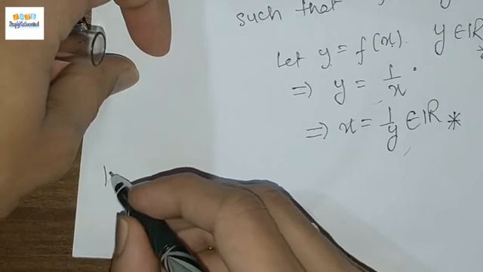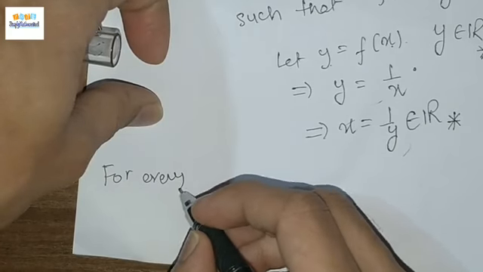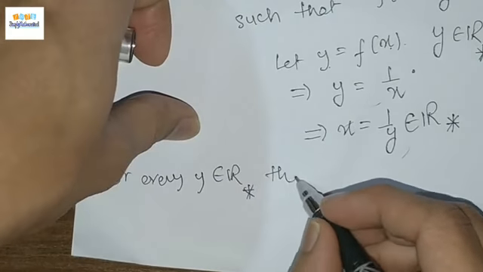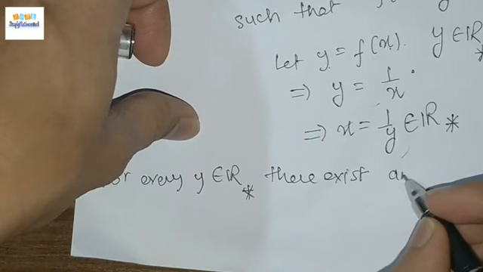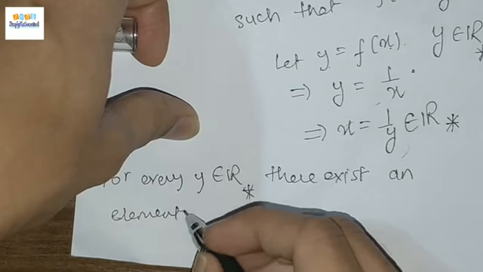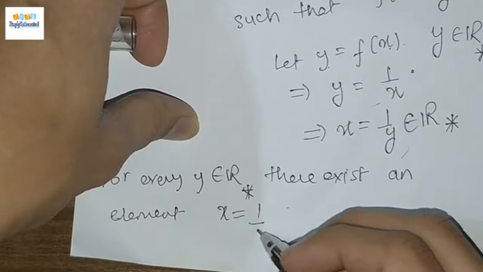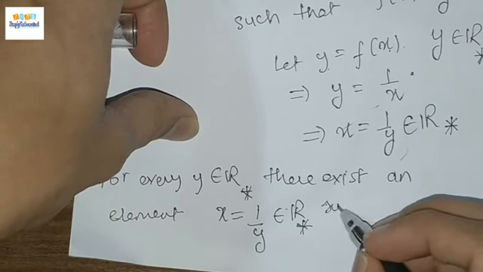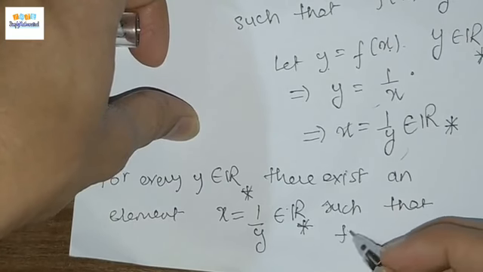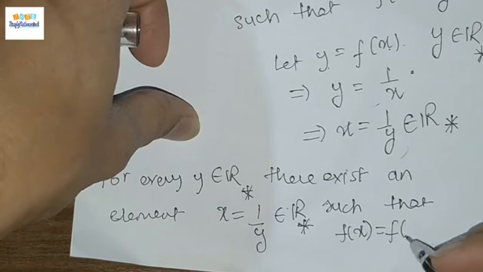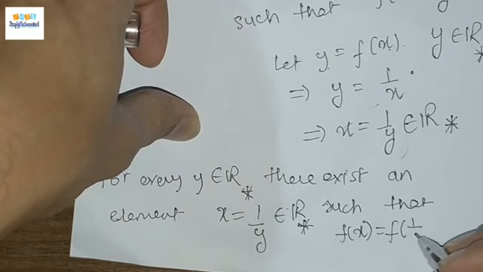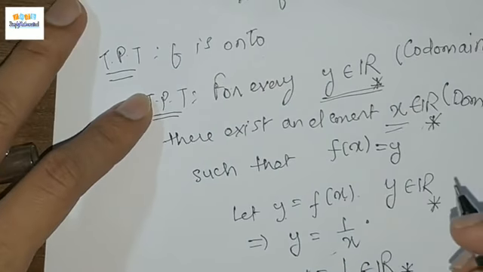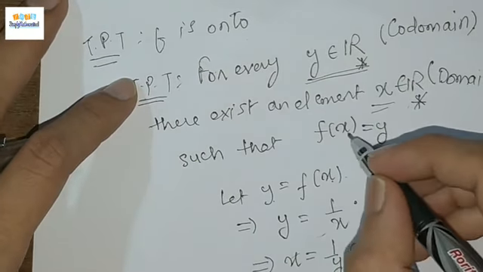So we have to write the statement: for every y belonging to R star, there exists an element x equal to 1 by y, belonging to R star, such that f(x) is equal to f of 1 by y. x is 1 by y. Now what is this? f of x is y.